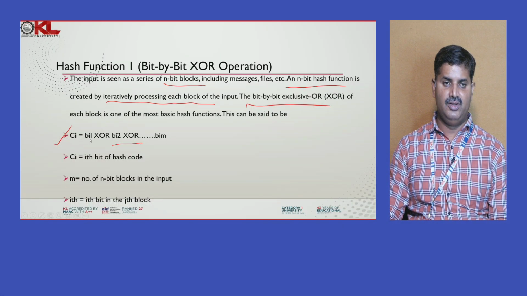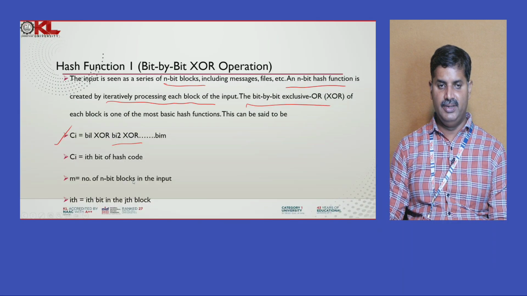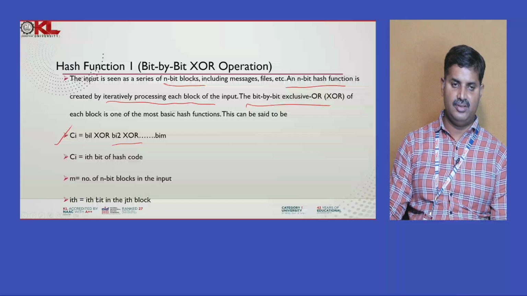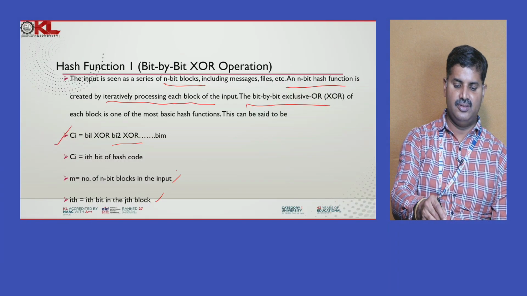Bit 1 is XORed with bit 2, then bit 2 with bit 3, and so on up to bit m. Here Ci is the ith bit of the hash code, m is the number of n-bit blocks in the input, and bit ij means the ith bit in the jth block.